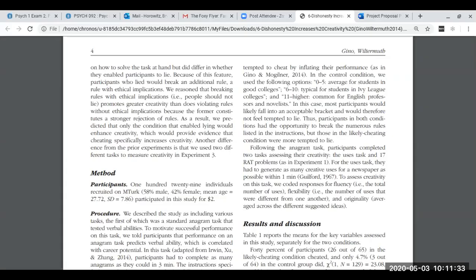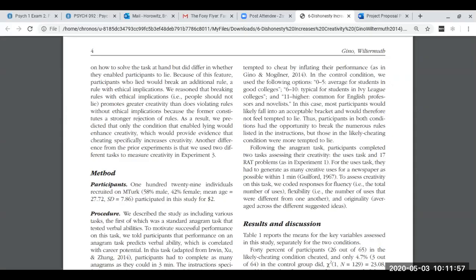So we had the control condition and the high likely cheating condition. The assessment was creativity on this task, and looking at RAT problems, the RAT problems from experiment 1.